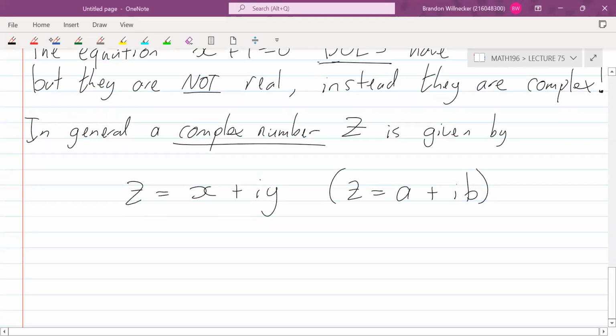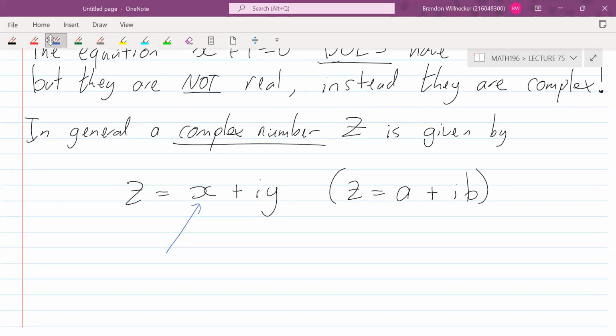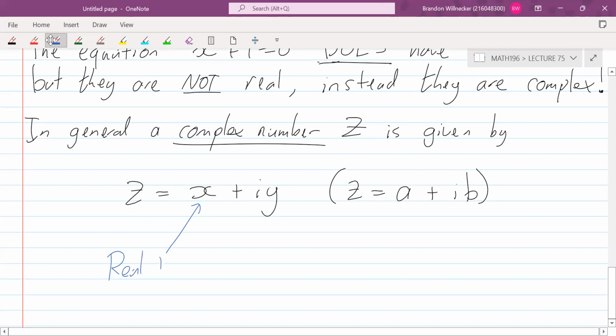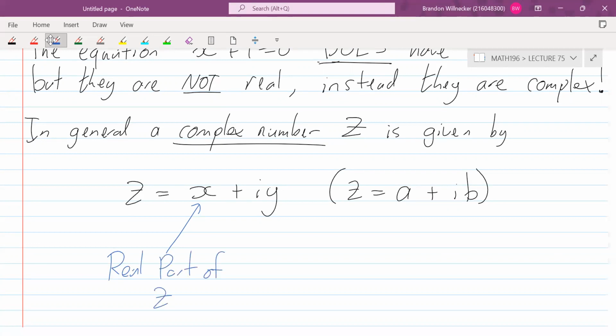Okay, so this x here is referred to as the real part of the complex number, the real part of z. And this y is referred to as the imaginary part of z.